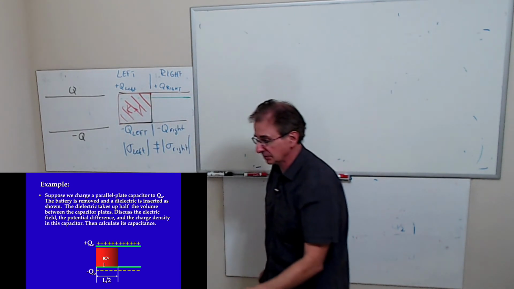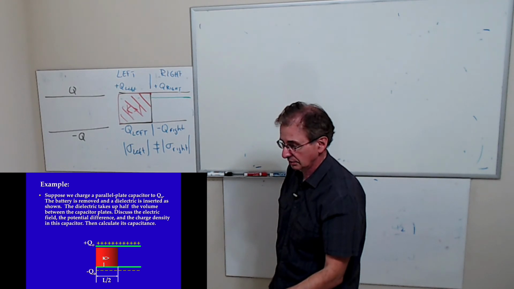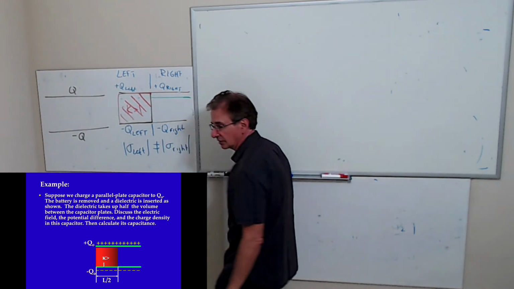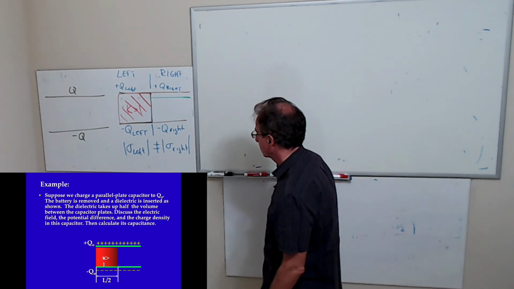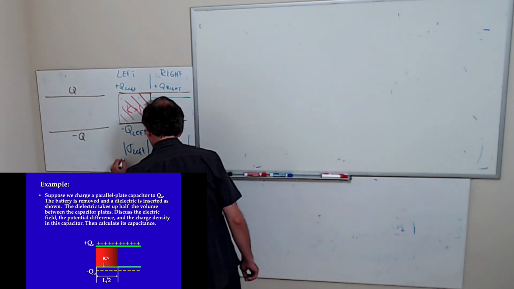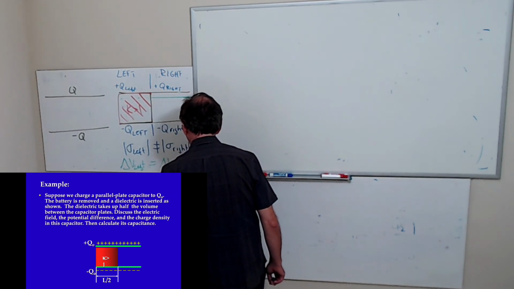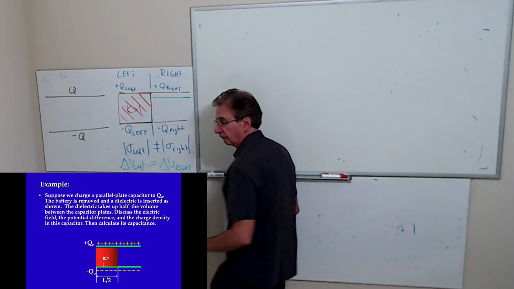The electric potential has to be continuous. So the potential here and the potential here have to be the same. So delta V left has to be equal to delta V right. Because otherwise you have an infinite field there.